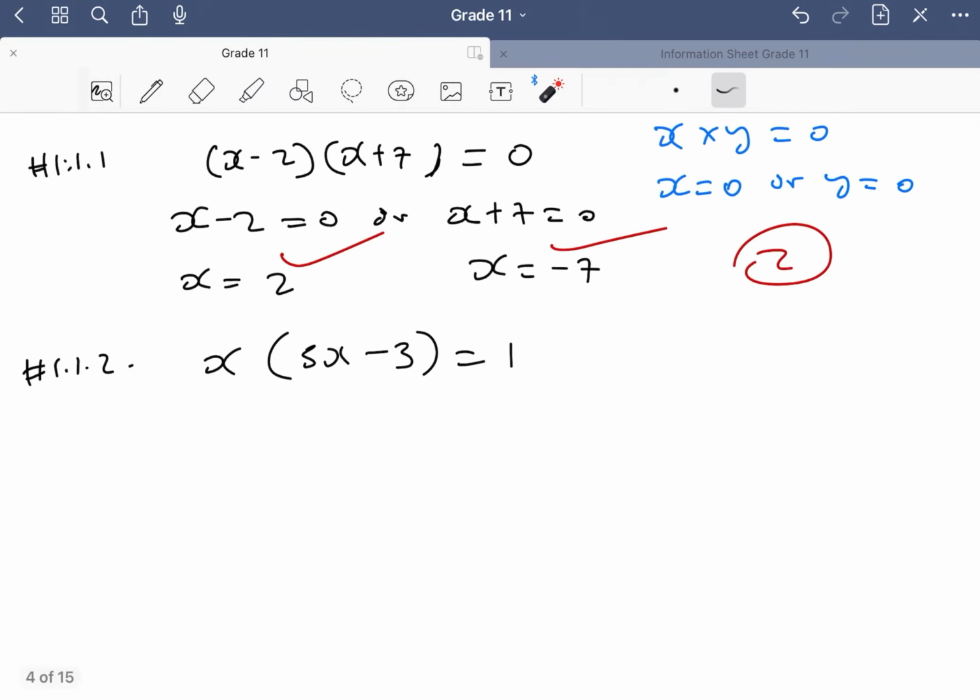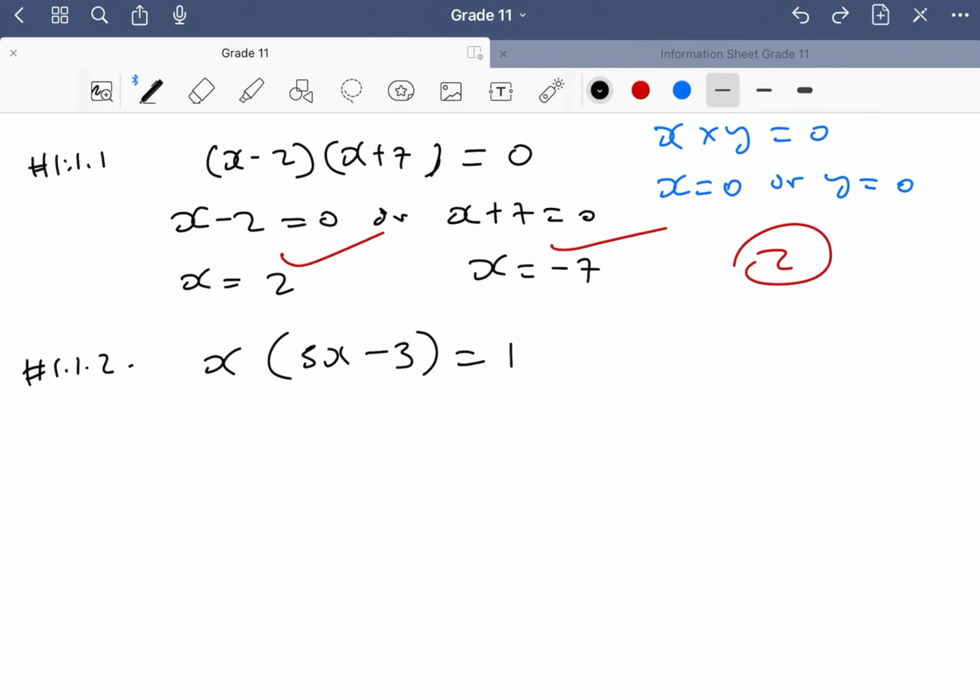But if this was 0, we're going to do the same thing and say x is equal to 0 or 5x minus 3 is equal to 0. But in this case, it's not 0, it is equal to 1, so we cannot do that. So we need to come up with another approach. What I would do here is remove this bracket. So I say x times this, get my answer, and x times this, and get my answer.